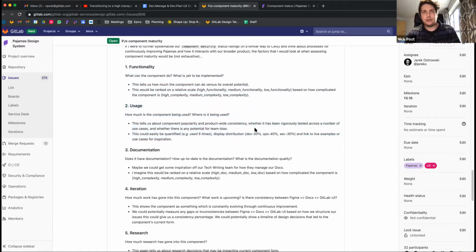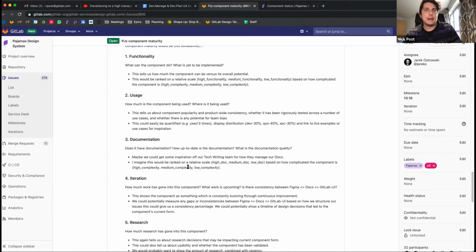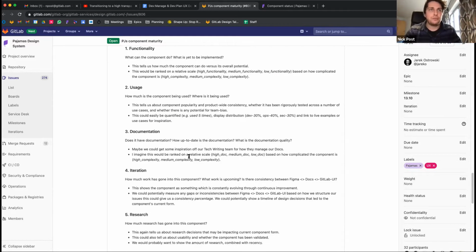This tells us a lot about areas where we can cluster teams together around a particular working group in the product, for example data visualization. There are a number of teams across Ops, Secure and Dev, and we touch on a number of different components. From there, we've established some working teams around data visualization in general.